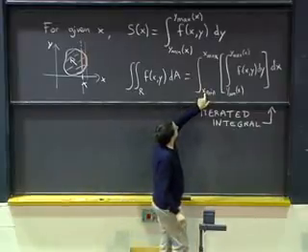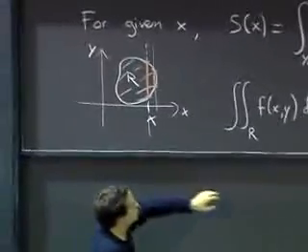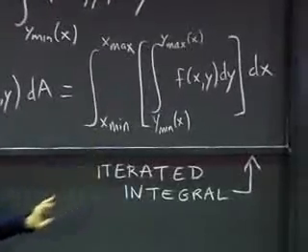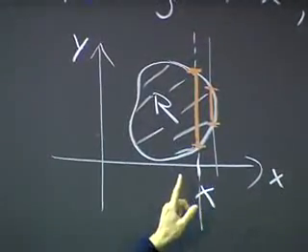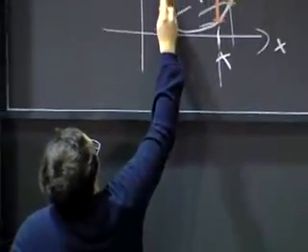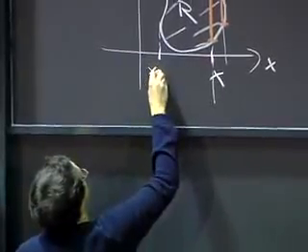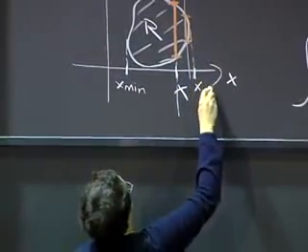The bounds on the outer integral are just going to be numbers. The question I'm asking myself is, what is the first value of x by which I might want to slice, and what is the last value of x? Which range of x do I want to look at to take my red slices? The answer is I would go all the way from here, that's my first slice, to somewhere here, that's my last slice.